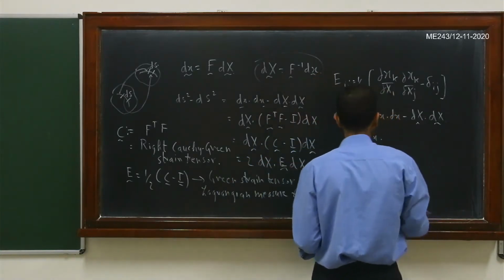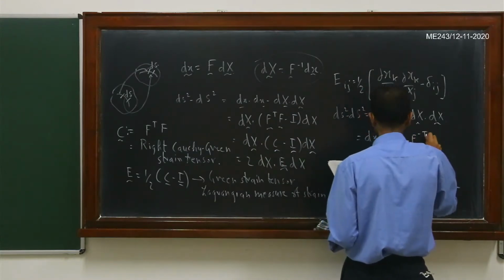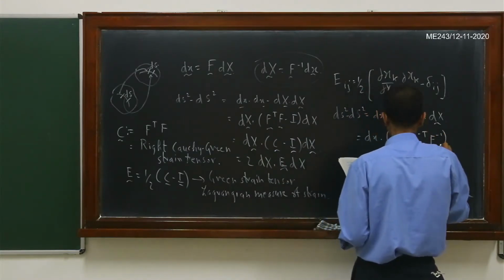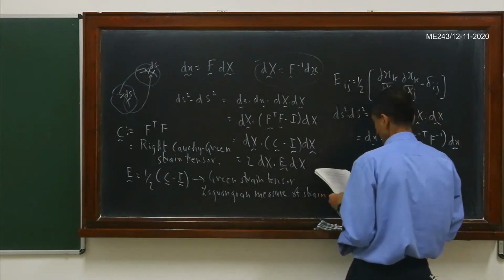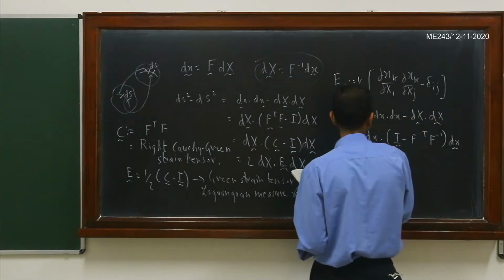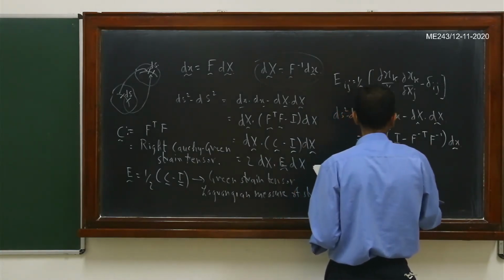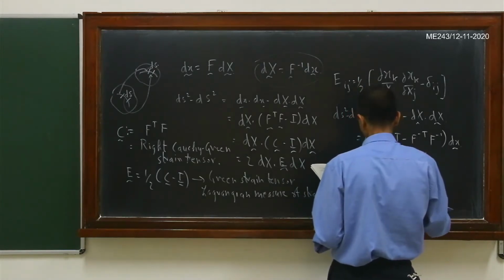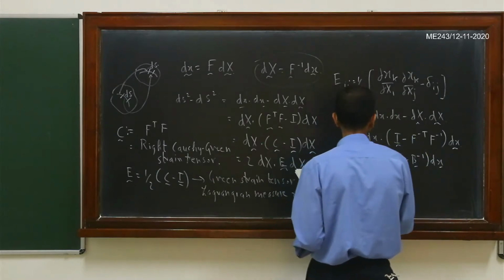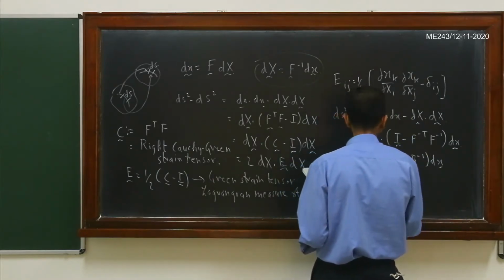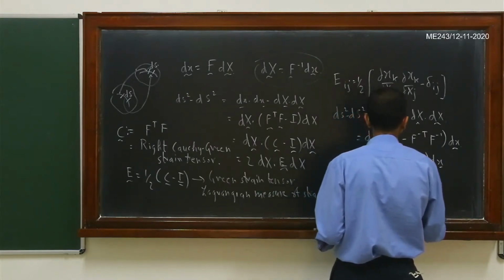I can again use the definition of the transpose and write this as dx dot F inverse transpose F inverse times d small x. This I can write as dx dot (I minus B inverse) times dx, and in turn as dx dot 2E bar times d small x.